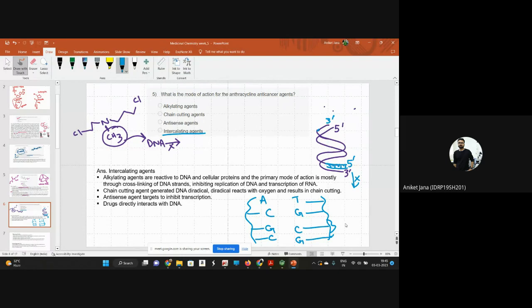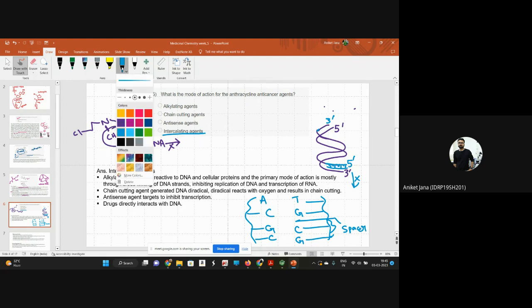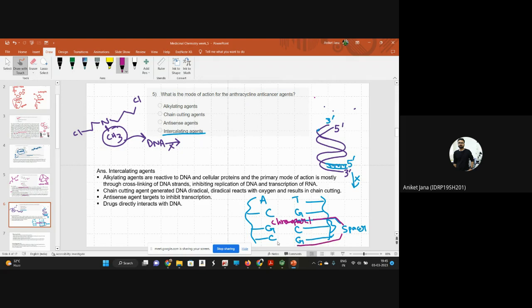So what is an intercalating agent? With some spacer, it directly interacts with the DNA molecule. This is chromophore 1. It is joined with this spacer, and on the spacer there is another one, chromophore 2.